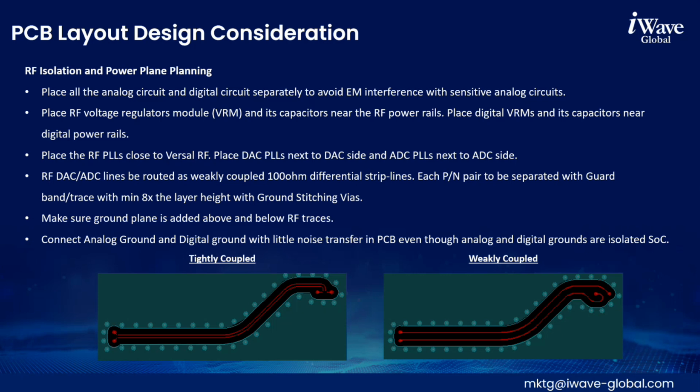When we use weakly coupled, the P and N lines mostly rely on the ground layer rather than on the P-N intrapair coupling, so that it will have better RF performance. It is seen that up to 10% of the SI can be improved when we use weakly coupled differential striplines.